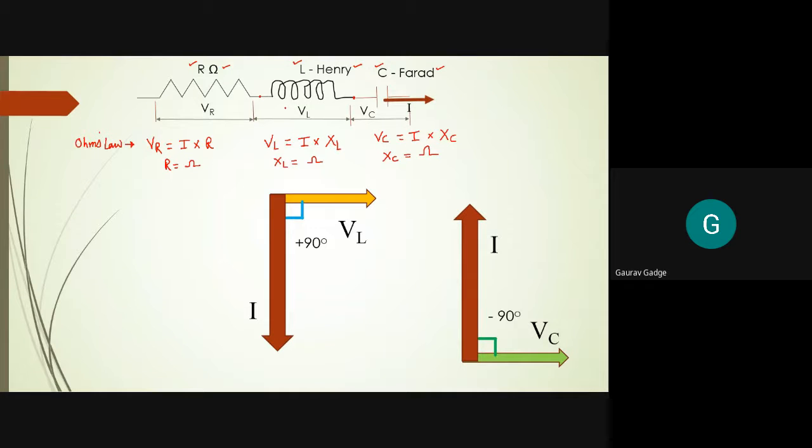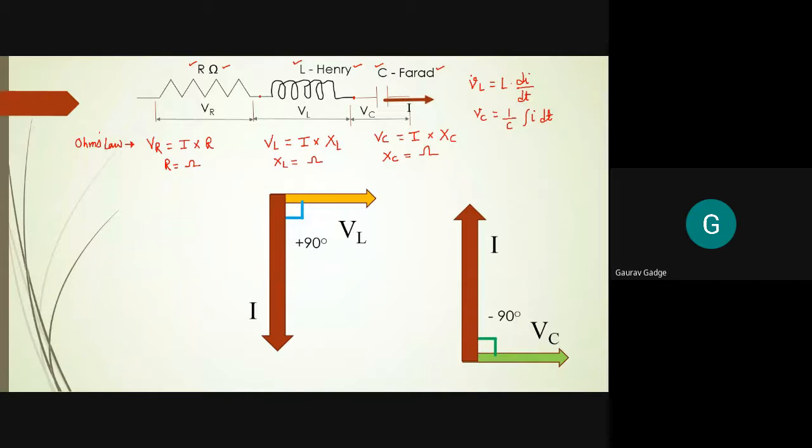But when we write it in inductor and capacitor terms, the equations are different. I think all of you know those equations. VL is given by L di by dt. And the expression for capacitive voltage is VC equal to 1 by C integration of I dt.